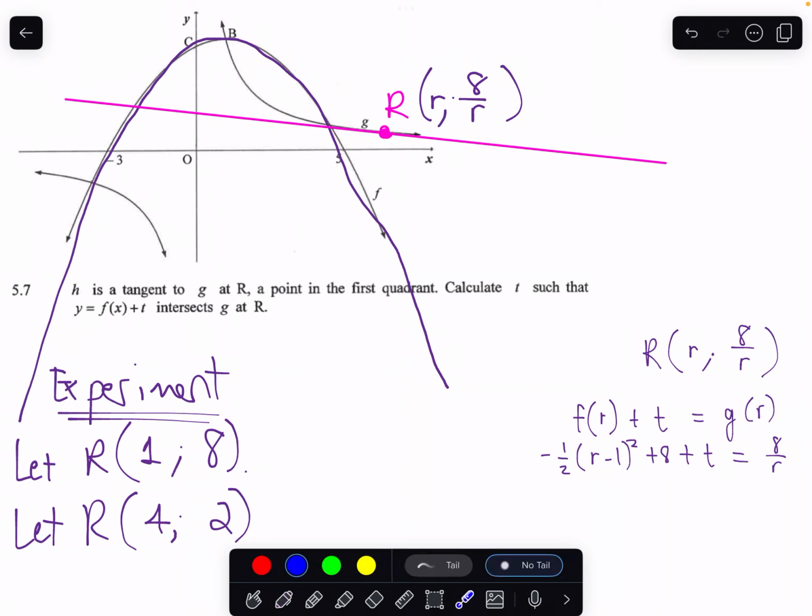So maybe something somewhere here, I don't know. Then the parabola might have to move down to intersect. And where does the tangent get in? Just double check the question.